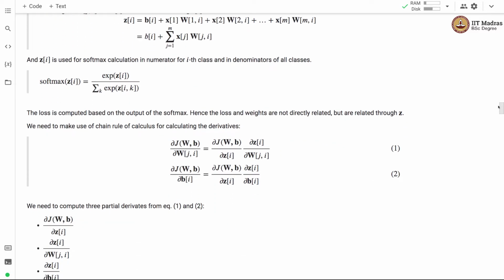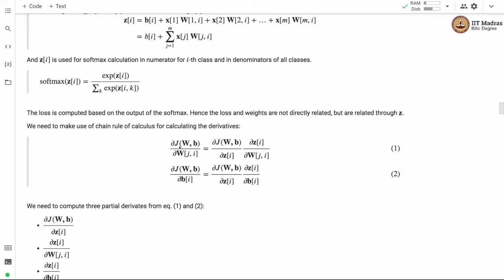Loss is computed based on the output of the softmax, hence loss and weights are not directly connected. They are related through first the prediction and then through Z. So we'll use the chain rule of derivative in the following manner.